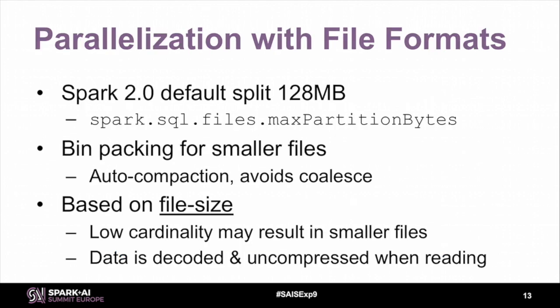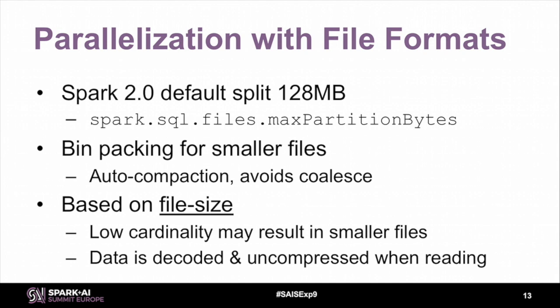The other part is, how does Spark parallelize your queries based on the file formats that you're reading? Starting with Spark 2.0, there's an internal configuration called max partition bytes. It defaults to 128 megs. When you're processing a data set, Spark will try to make partitions within Spark 128 megs in size.